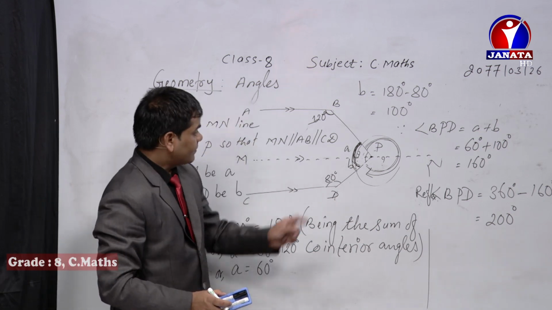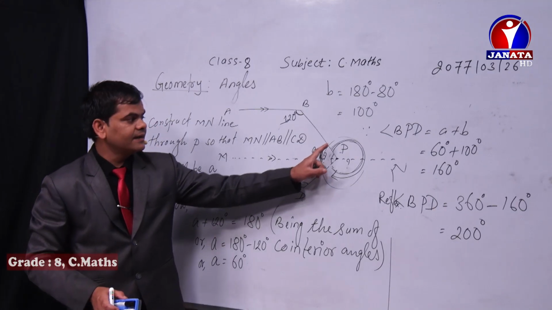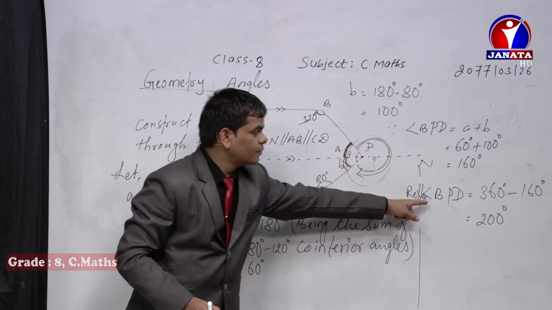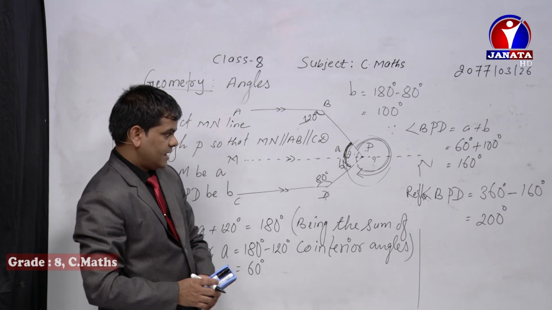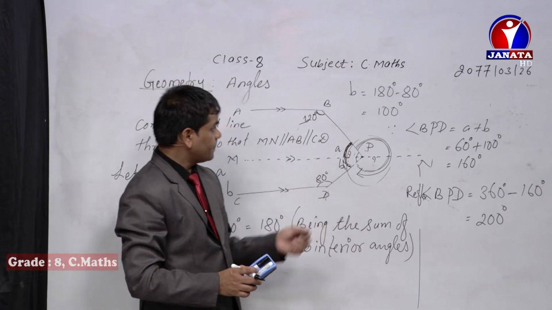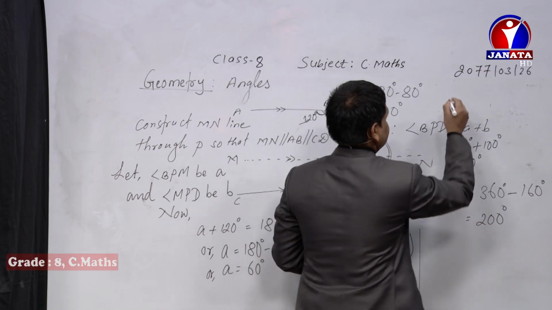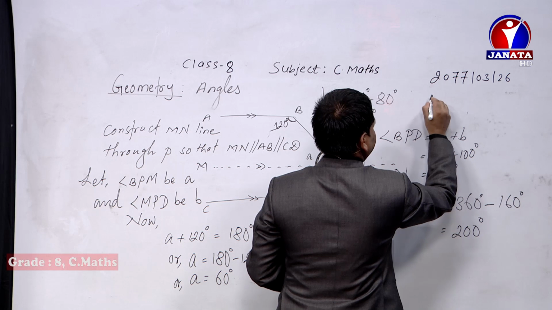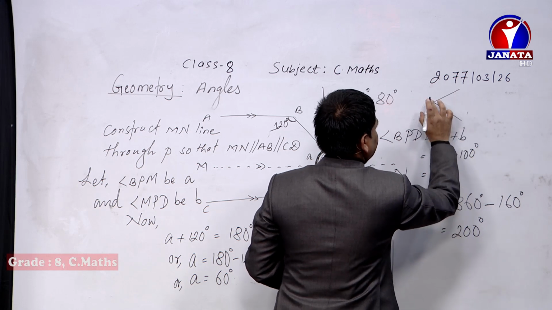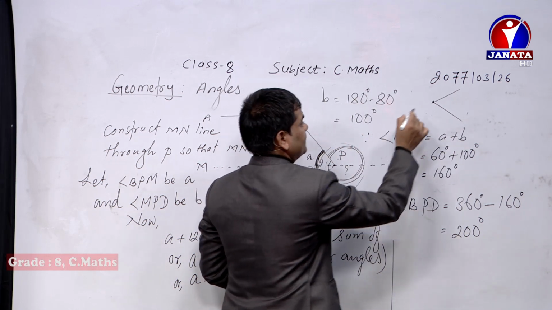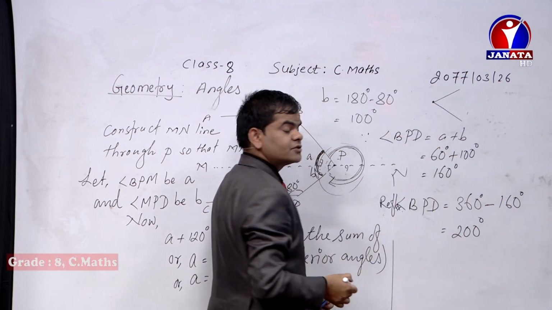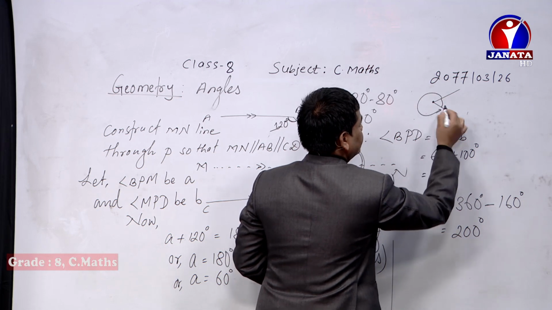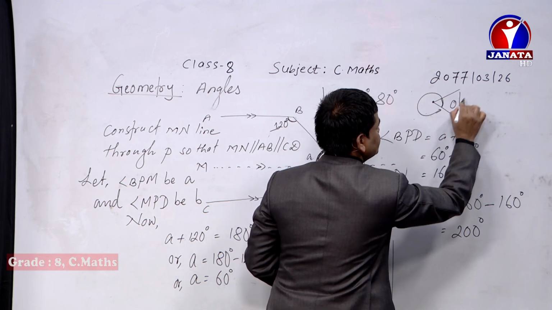Sometimes, dear friends, rather than asking you to find out this side, the question may ask you to find out this side. At that time, we need to do this in order to find out the reflex angle BPD. That means at a point, if we divide the whole 360 degrees into two parts, one this side and another this side, then the smaller part is known as the obtuse angle, dear student.